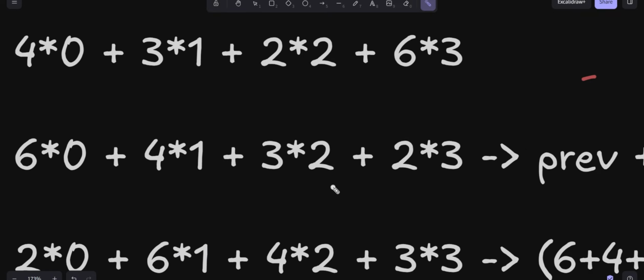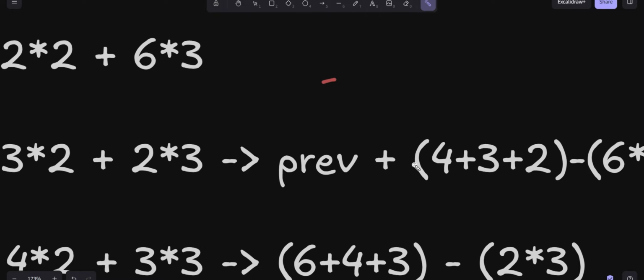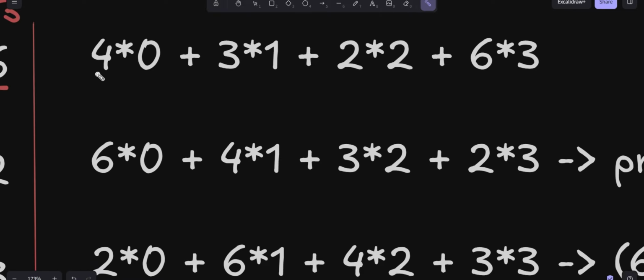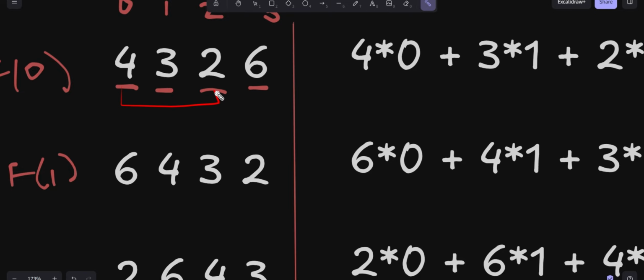So we can observe from here that 4 plus 3 plus 2 can also be written as total sum minus the element that is at the zeroth index, right? Because all the elements that were not at the zeroth index are now contributing more, right?